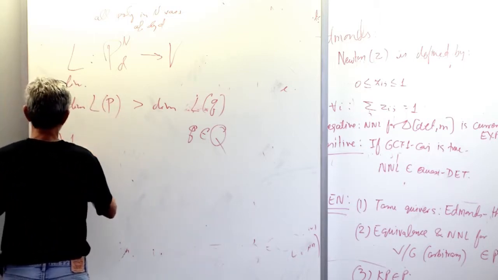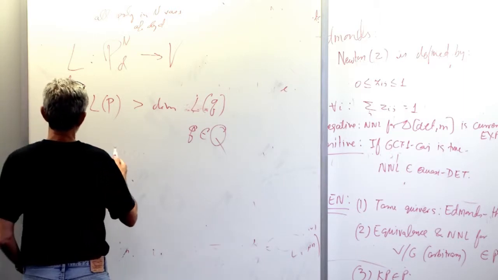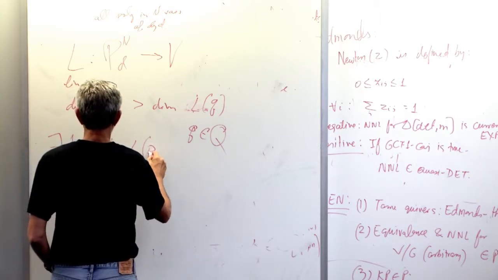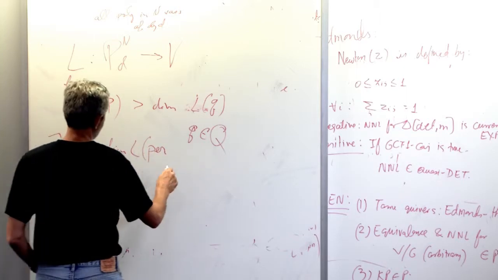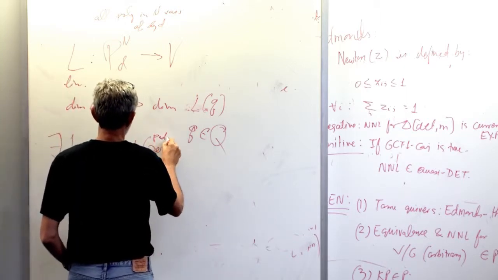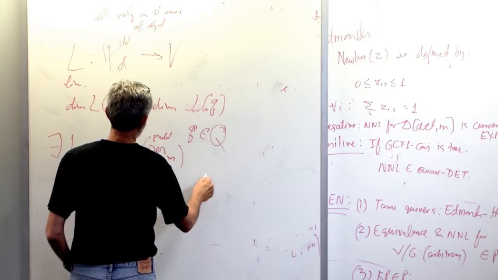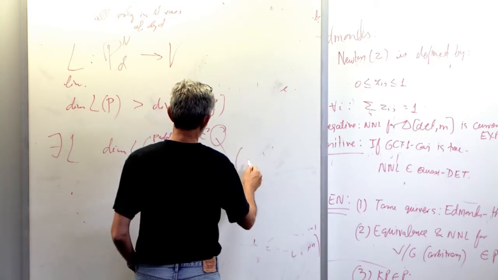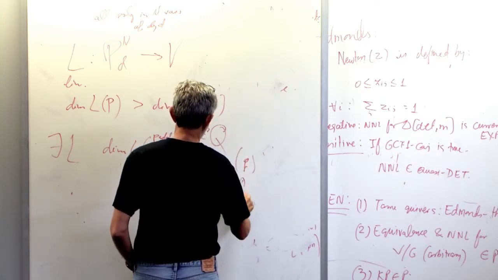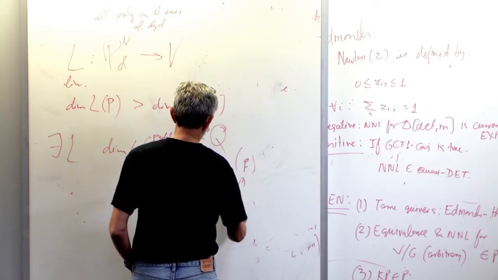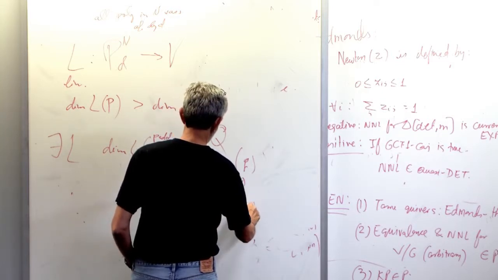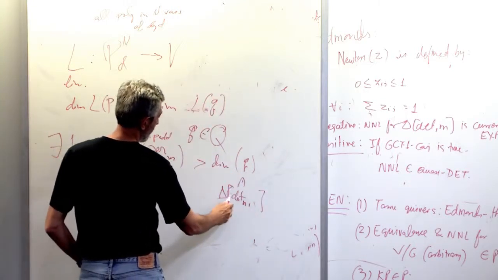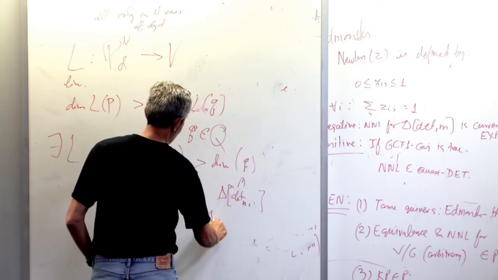Does there exist an L for which the dimension of L of the permanent, or actually the padded permanent, is bigger than the dimension of L of anything in the orbit closure of the determinant from n variables?